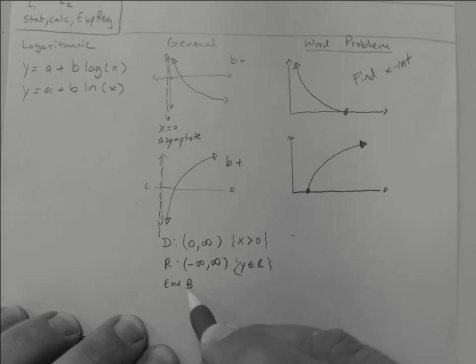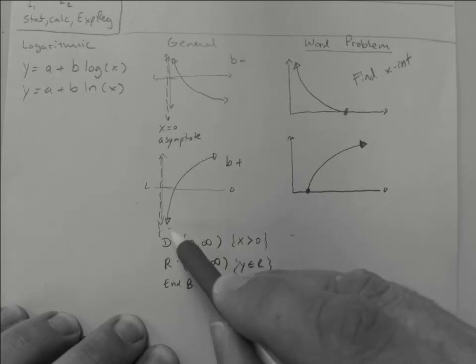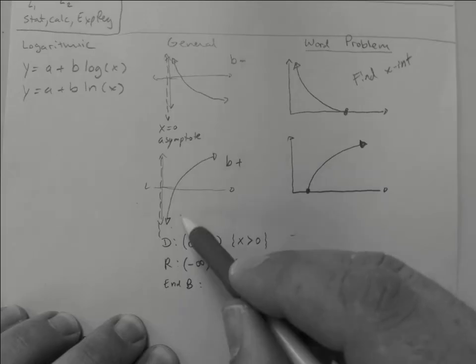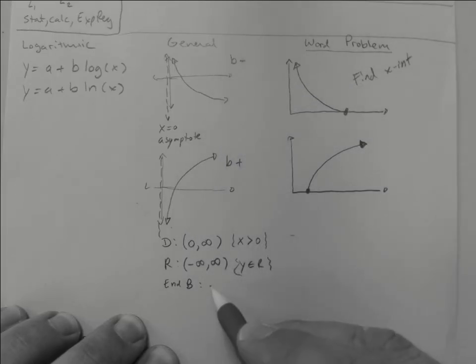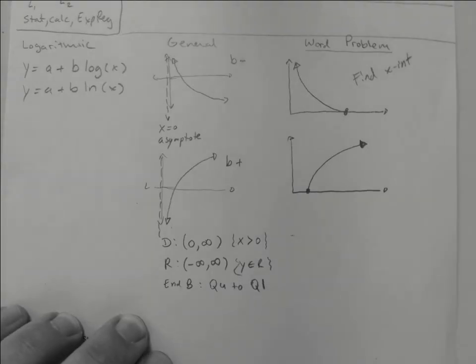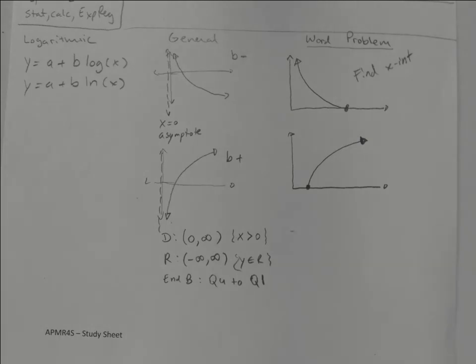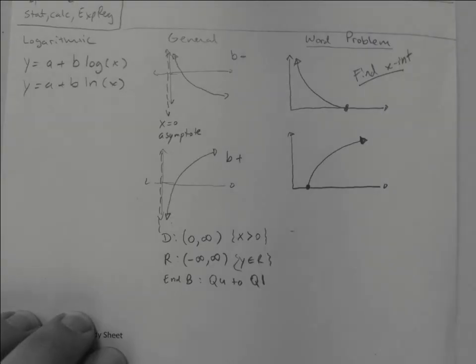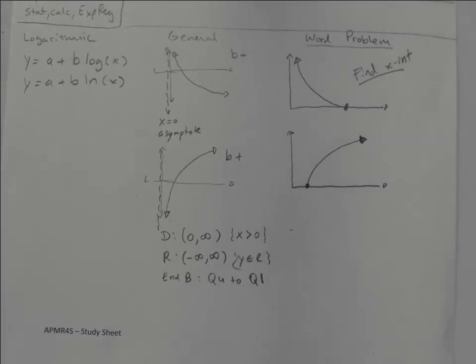End behavior, we're going from quadrant 4 to 1 every single time. Make sure you know that you have to find the x-intercept to get you started here.